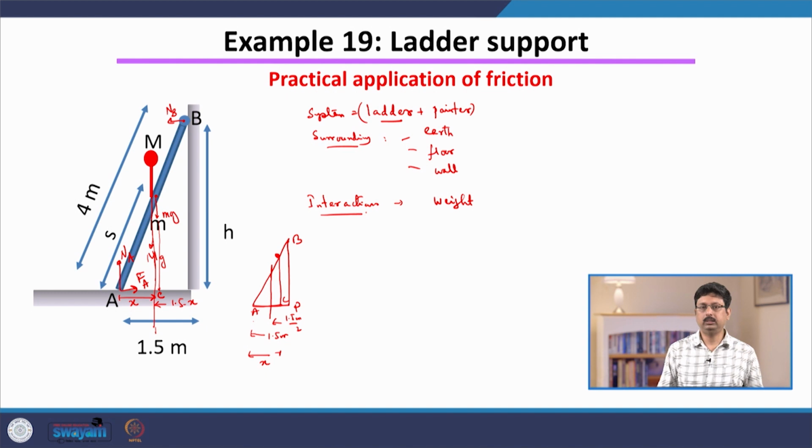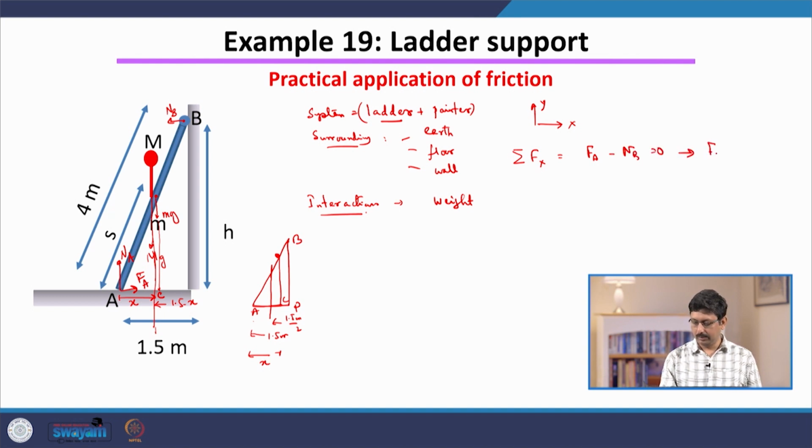Now we write down the condition of equilibrium: the force balance and torque balance. First, force balance. Let us take this as our x axis and this as our y axis. The total force in the x direction must be 0. So, the sum of all forces in the x direction on this combined system is F A and N B, and this is 0.